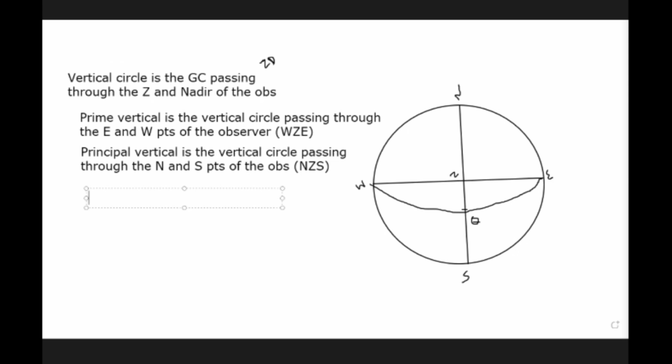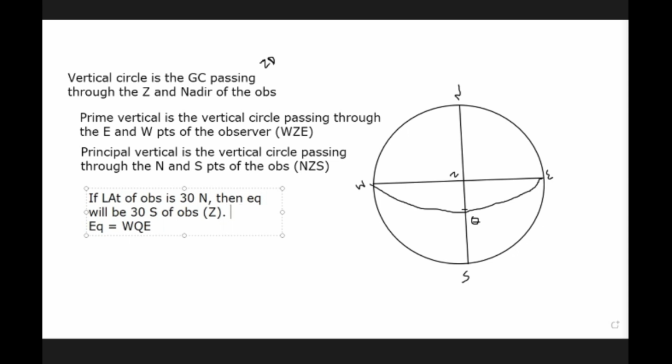So if the latitude of the observer is 30° north, then the equator will be 30 degrees south of the observer, which is Z. Then the equator will be equal to WQE.